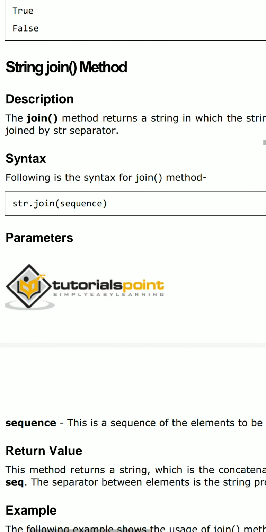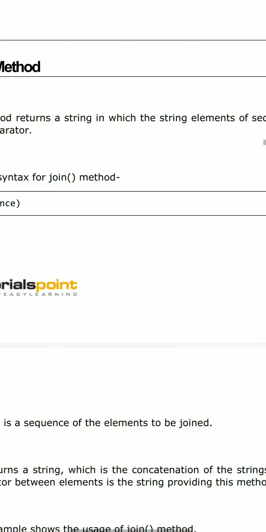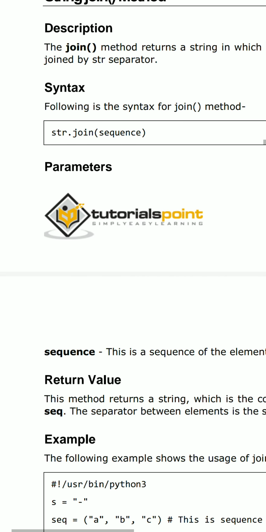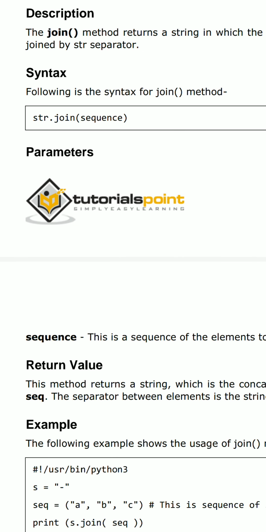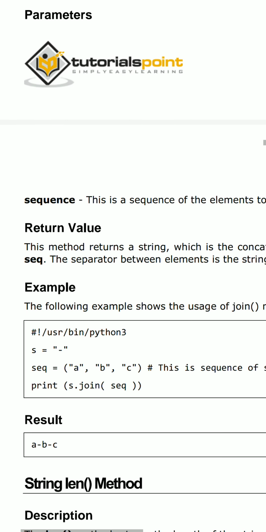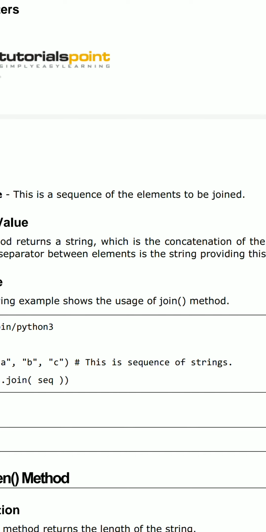And then we have the join method. What is meant by the join method? The name itself suggests that it returns a string in which the string elements of a sequence have been joined by a str separator. The syntax is string.join(sequence), and it has a parameter called sequence, which is a sequence of elements to be joined.